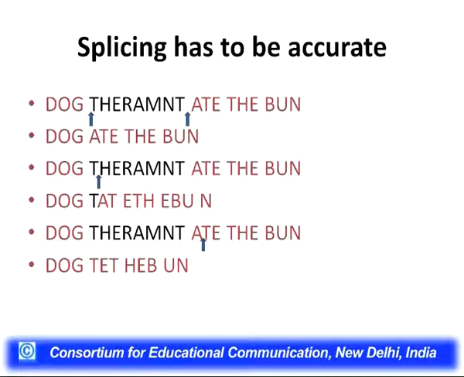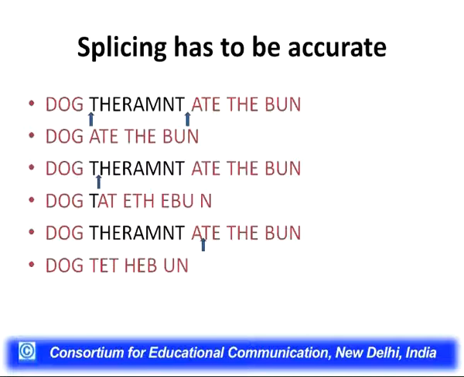The letters in brown, when put together, make some sense. Like we see there is dog, and the letters in black do not make any sense, ate the bun. So, there is one intron that is black letters, and there are 2 exons which are brown in color. Now, if the black letters are excised properly and the brown letters are joined together, they will make a sentence: dog ate the bun.